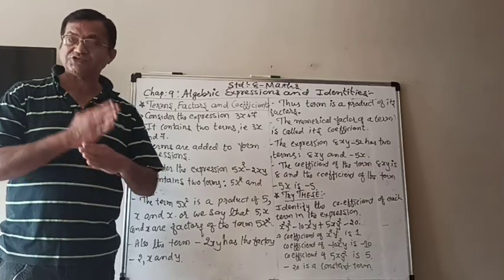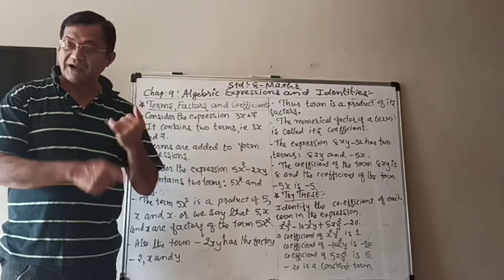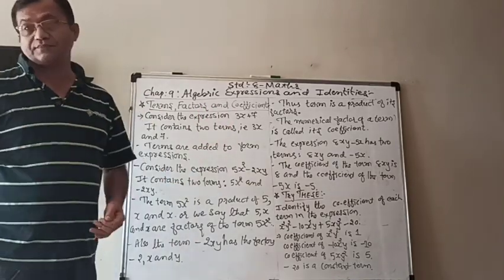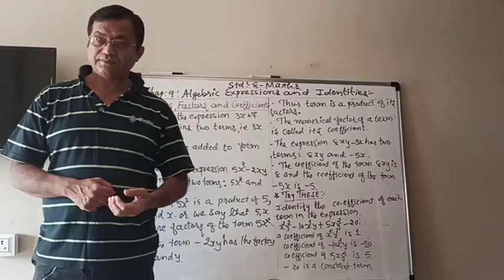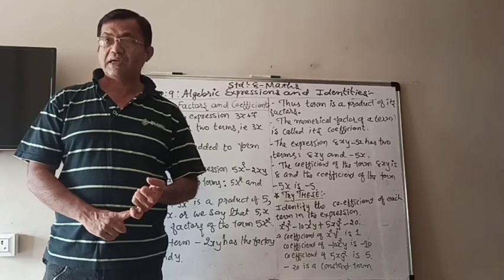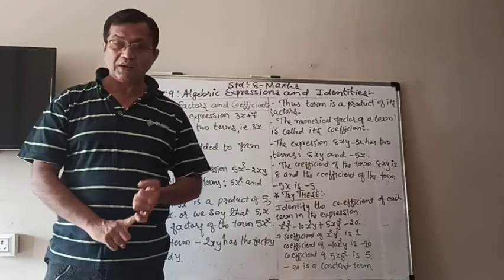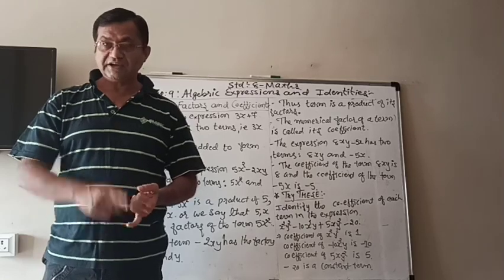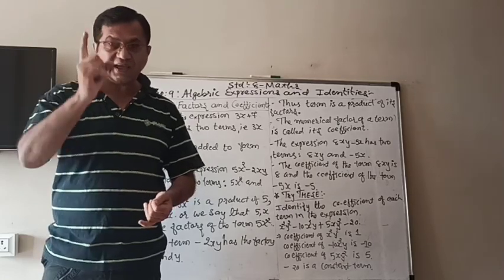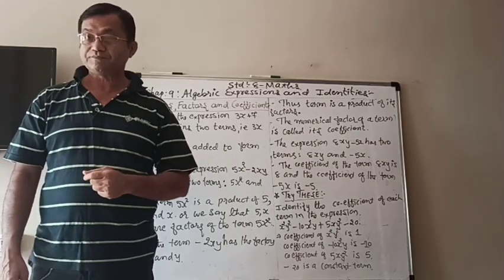So this whole term 5x square is the product of 5, x and x. So we can say that 5, x and x are the three factors of the term.